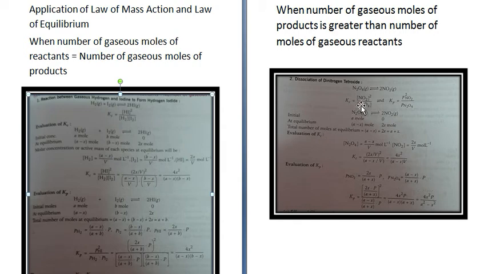Kc is equal to [NO2] squared upon [N2O4], and Kp is equal to P_NO2 squared divided by P_N2O4. Initially N2O4 was a moles and NO2 is 0. At equilibrium the concentration becomes a minus x, and NO2 becomes 2x. Total number of moles at equilibrium will be a minus x plus 2x, which is equal to a plus x.